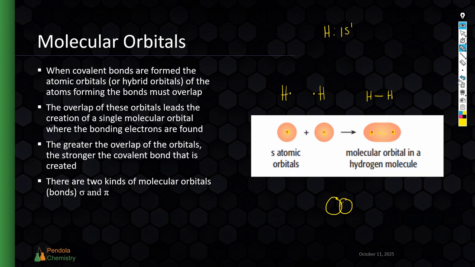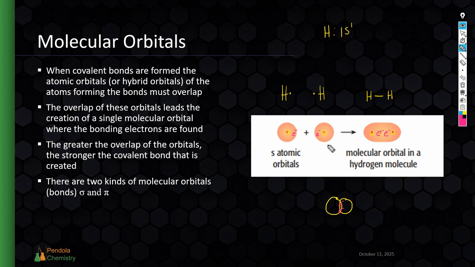Those electrons were originally just in their s orbitals. Once they overlap, they actually fuse together to form the molecular orbital, which is where the electrons now live. The greater this overlap is, the stronger this molecular orbital becomes.